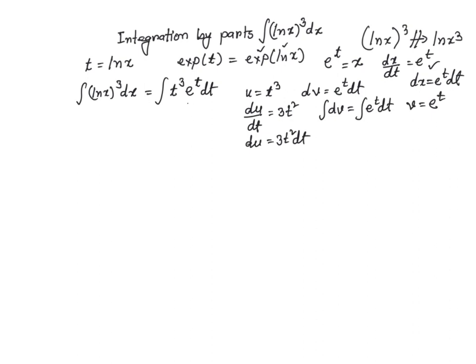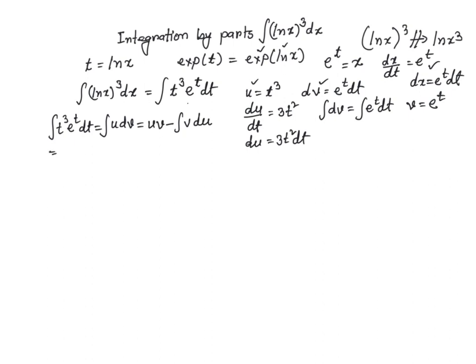So the integral of t cube e to the power t dt is equal to the integral of u dv, according to the substitutions that I'm making, which is equal to uv minus the integral of v du.